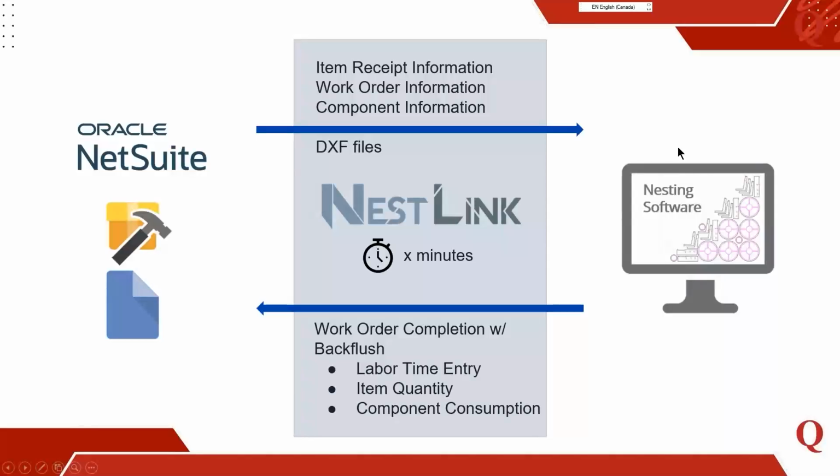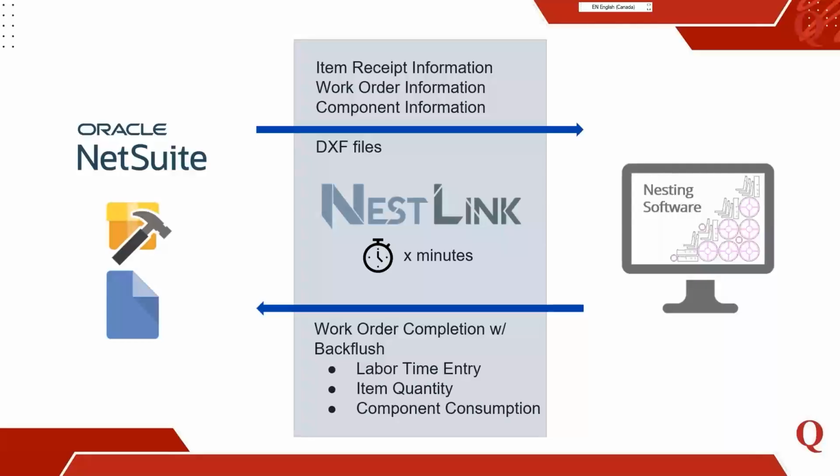Now, once the nest is complete, so all of the information is brought into the nesting software. Now the nest is completed on the shop floor. You've got your laser cutter. It's done its thing, and it needs to send over all of that real-time information back to NetSuite. It will do so by sending over a work order completion with backflush.